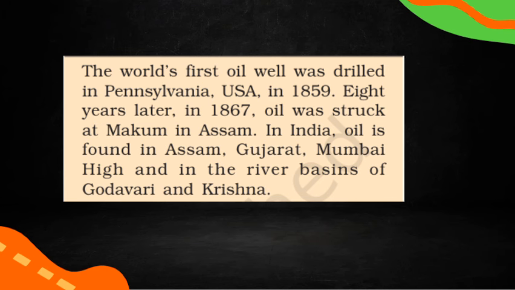In India, oil is found in Assam, Gujarat, Mumbai High, and in the river basins of Godavari and Krishna. It is very important for exams to know where oil is found in India. So you have to know that oil is found in Assam, Gujarat, Mumbai High, and in the river basins of Godavari and Krishna.